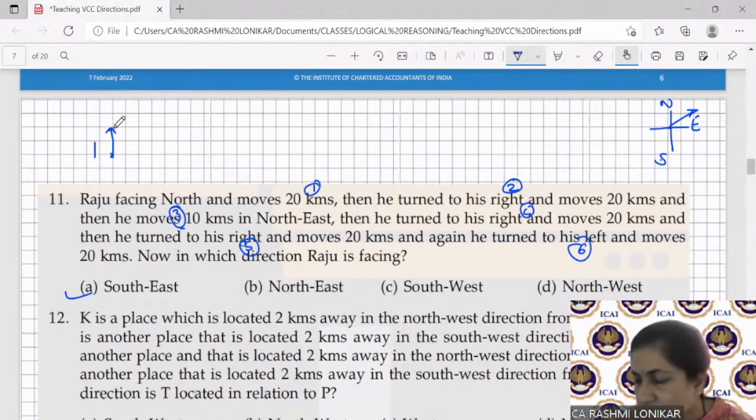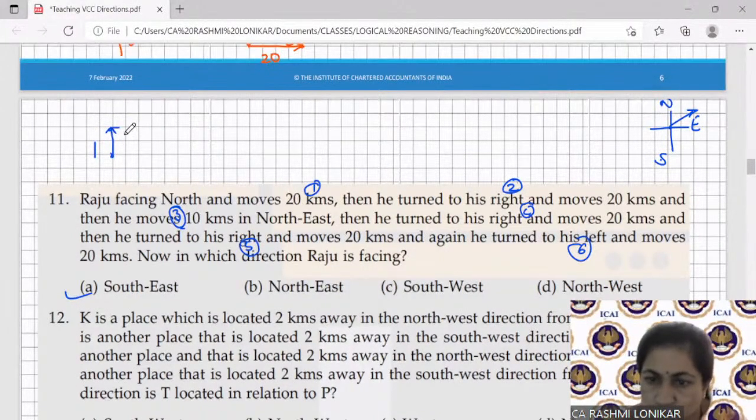Then he turns to the right. Right is this side. And he moves 20 kilometers. So 1 and 2. This is my point 2. This is his left. This is his right. Third is he moves 10 kilometers in the northeast. So northeast.